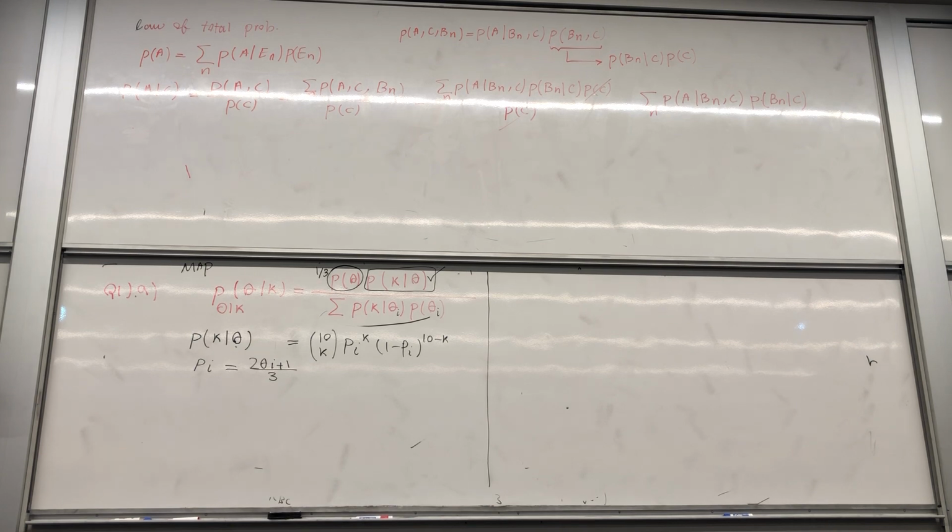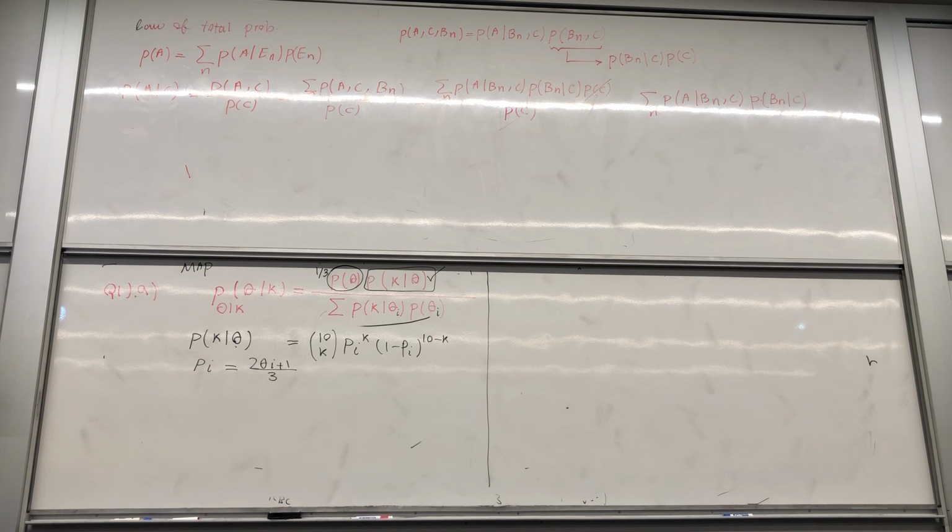So M is less than or equal to 5, because he might have guessed some of the answers. That's the point.